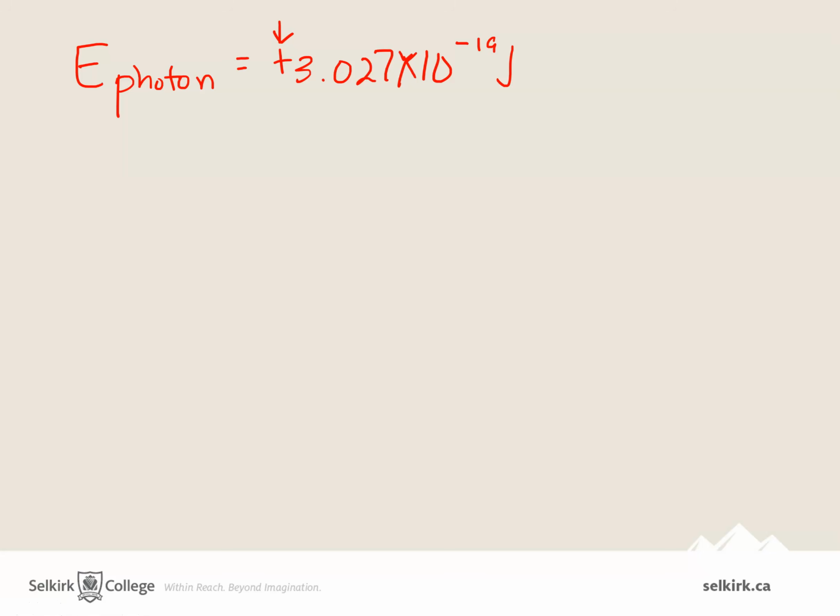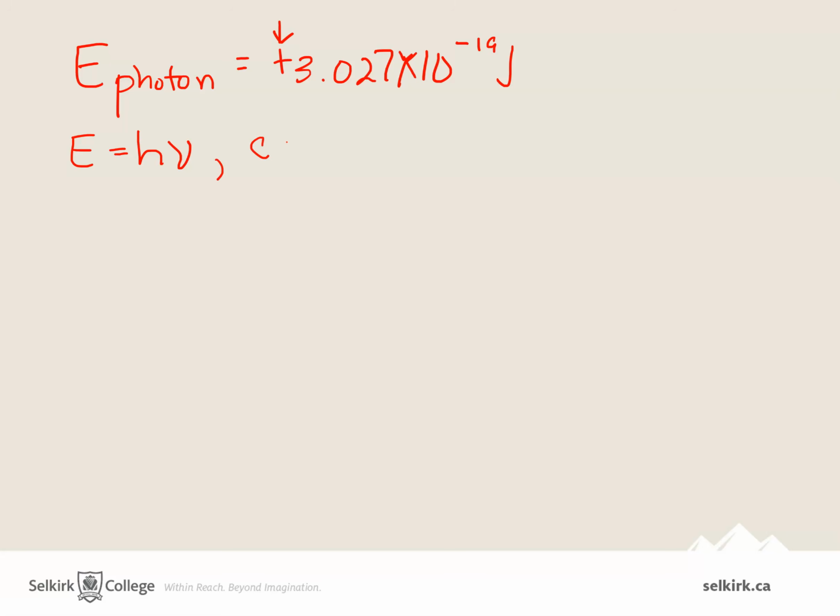Now, where are we going from here? The question wanted the wavelength. So let's see if we can remember some relationships involving the energy of a photon. These will always be provided to you. I will remind you here that the energy of a photon is h nu. Wait a minute, that has frequency, not wavelength, and it's wavelength that I want.